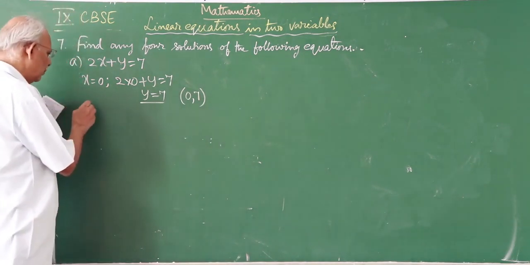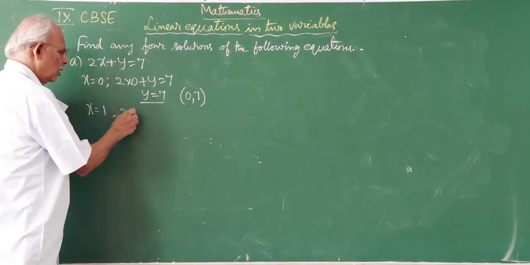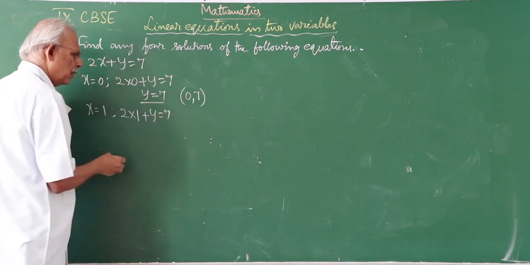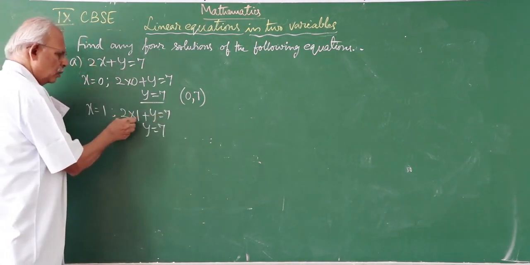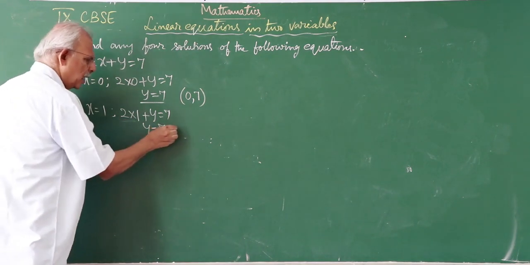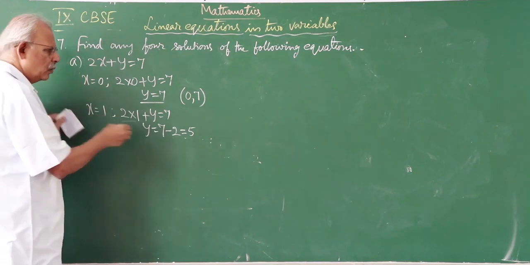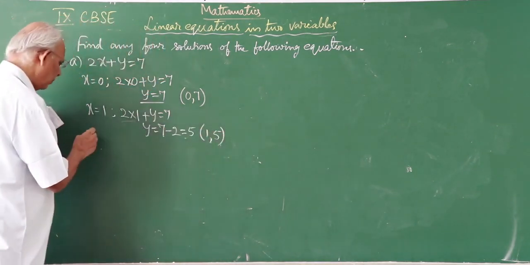Now the second value, put x equals 1. 2 into 1 plus y equals 7. 2 ones are 2. This 2 is shifted to the right hand side. 7 minus 2 means 5. So when x is equal to 1, y is equal to 5.